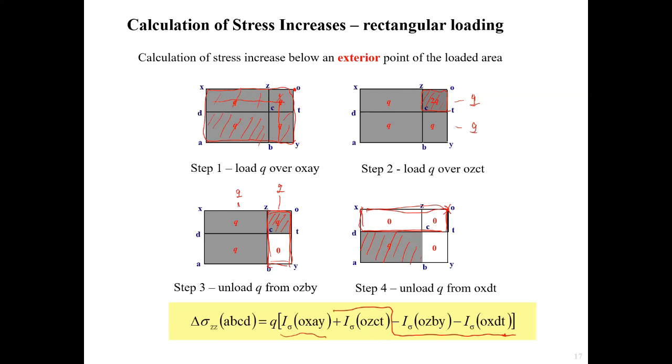Excuse me, sir. From what you say, the small rectangle OZCT equals 2Q, and those 2 rectangles, OSDT and OZBY.